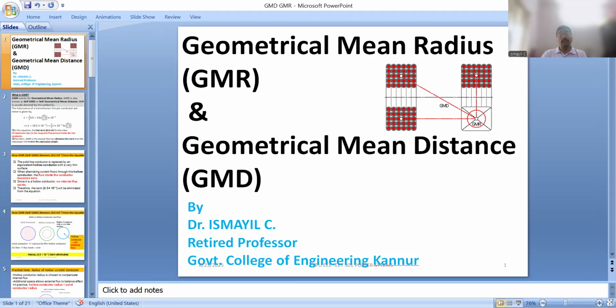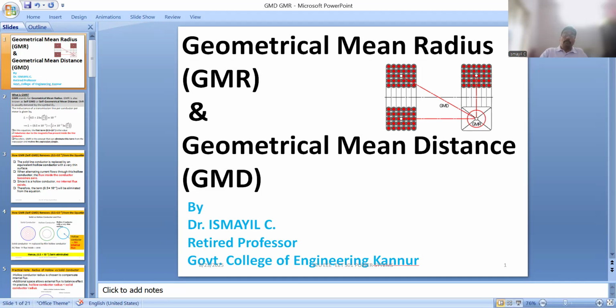Now I am expanding this and I get inductance equal to 0.5 into 10 raised to minus 7 plus 2 into 10 raised to minus 7 logarithm of d by r. So in this equation, L has two parts. The first term is 0.5 into 10 raised to minus 7, and the second part is 2 into 10 raised to minus 7 ln d by r.